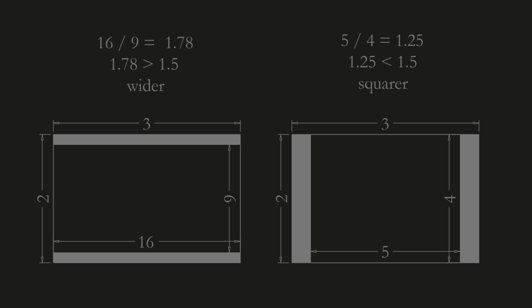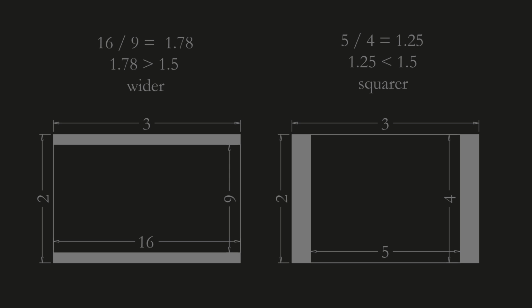The result is 1.78, which is greater than the camera's native aspect ratio of 1.5, so it's wider. And on the right, the example of 5:4 gives you 1.25, which means that it's squarer than the native 1.5 dimension from your camera.